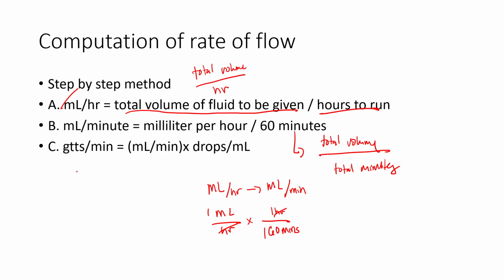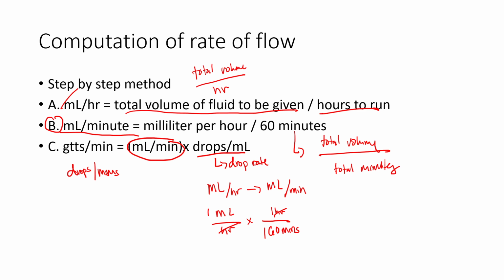And the last unit is your drops per minute, or your GTTS per minute. Drops per minute can be obtained by your ml per minute over drops per ml. So drops per ml is your drop rate.